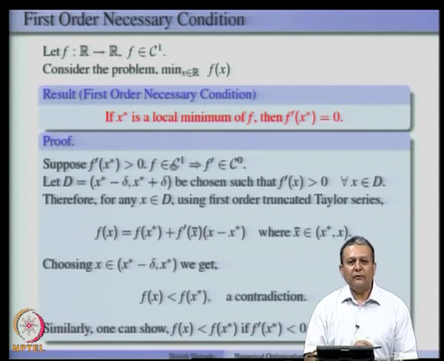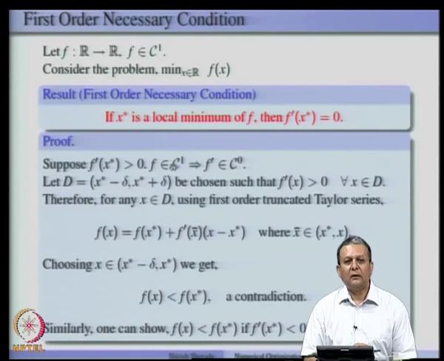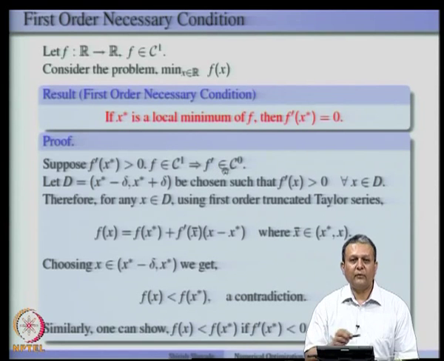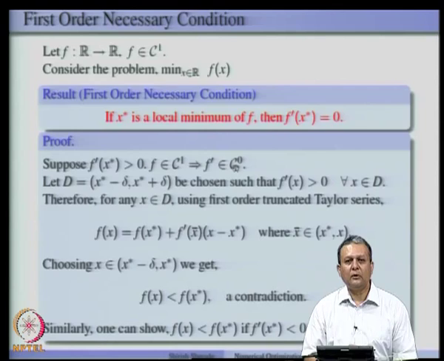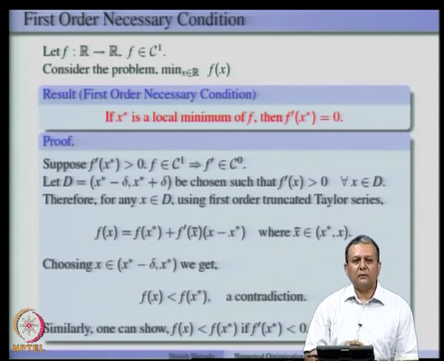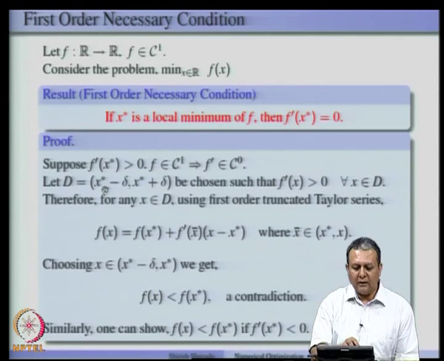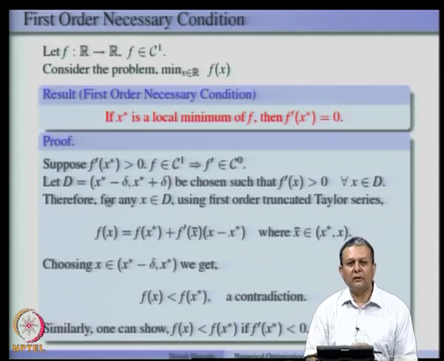Now, since f belongs to C1, its derivative is a continuous function. That means f dash belongs to C naught. So, let us take an interval D of size 2 delta around x star. So, x star minus delta to x star plus delta is an open interval.